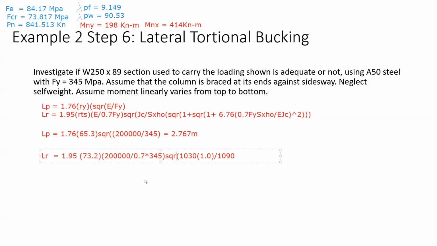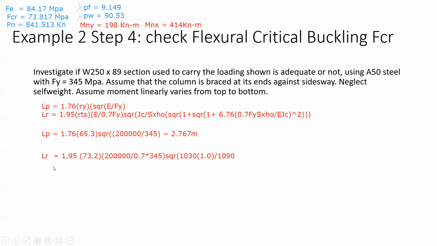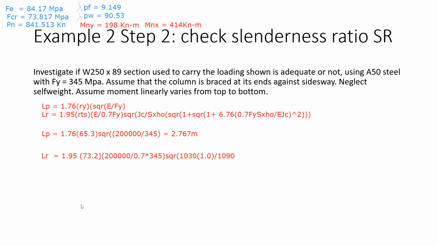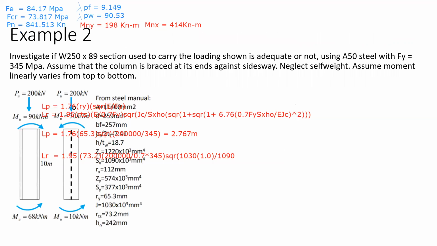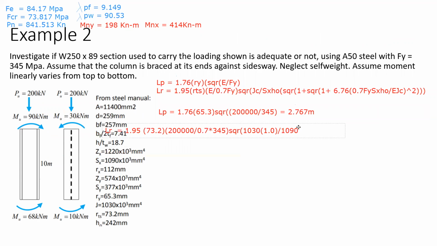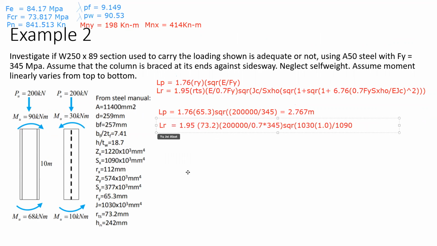So, let's go back here. Mouse, yan. So, ito yung mga given natin. LP. Yan. So, we have 73.2. Ito yung 73.2 natin. RTS dito. You have your 200,000.